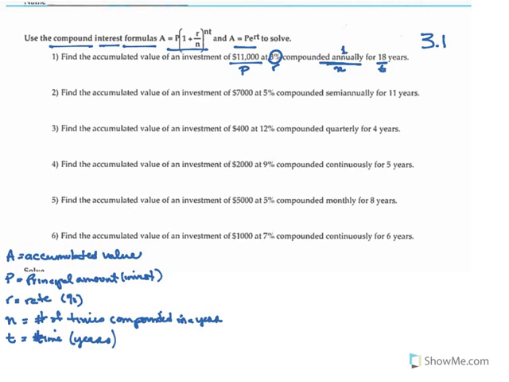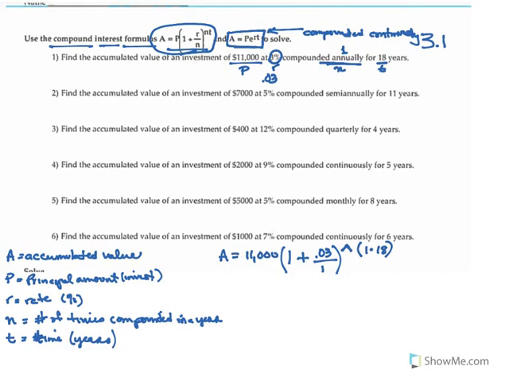So when I put this into the formula, we have A equals 11,000 times 1 plus 0.03, which is the 3% in decimal form, over 1, which is our N, raised, this is the caret on your calculator, to the 1 times 18. Then you push all of that into your calculator and it calculates everything for you.